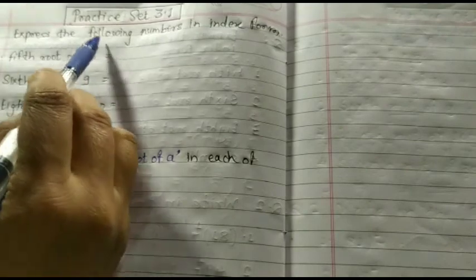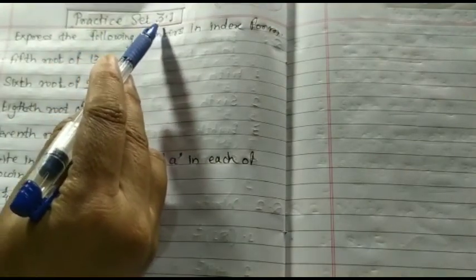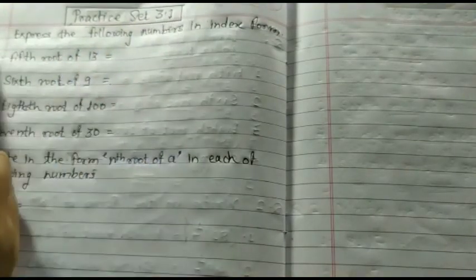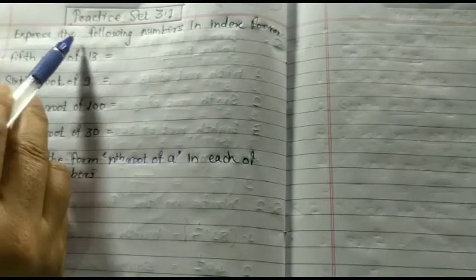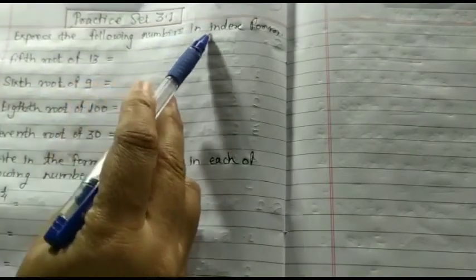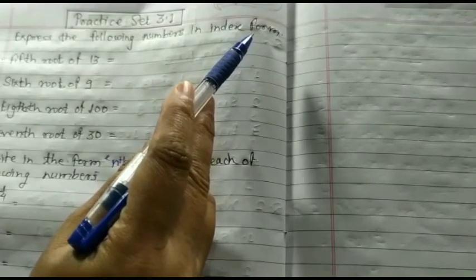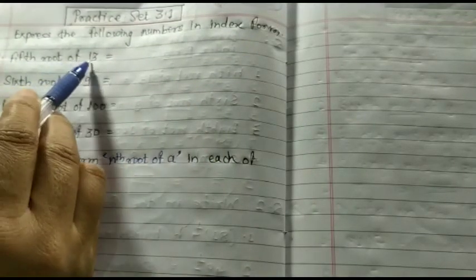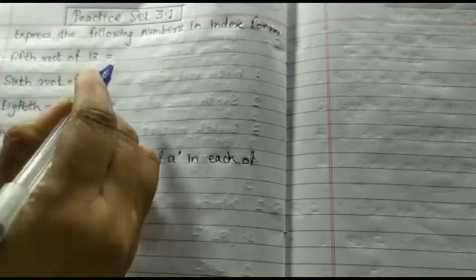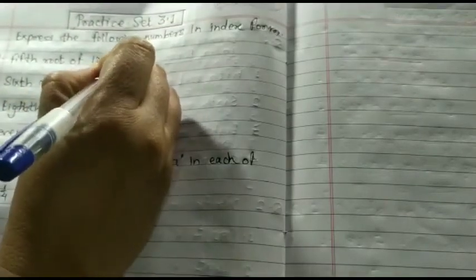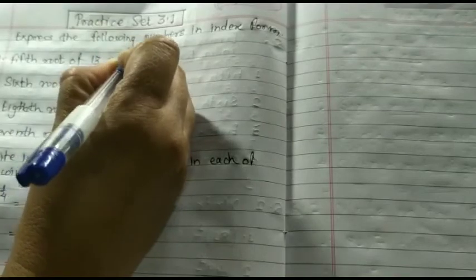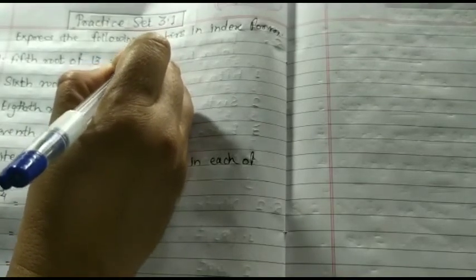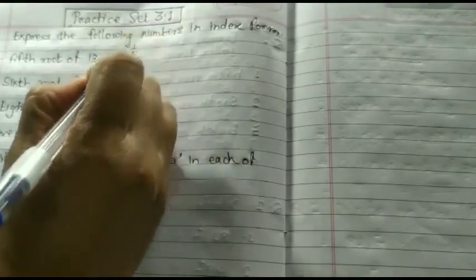Let's start practice set 3.1. Question number 1: Express the following numbers in index form. First, fifth root of 13, hence 13 raised to 1 upon 5, that is the fifth root.